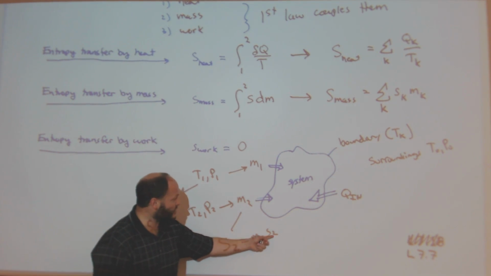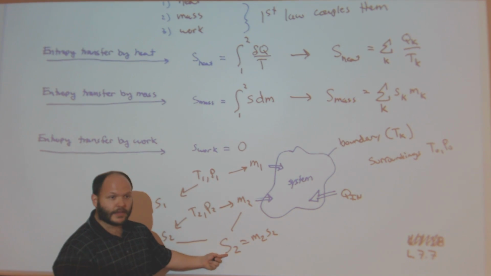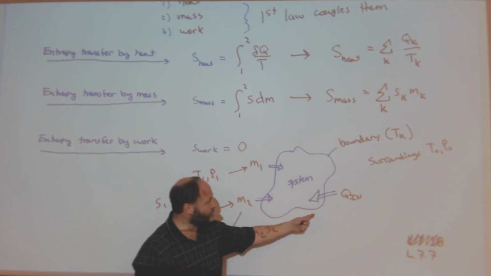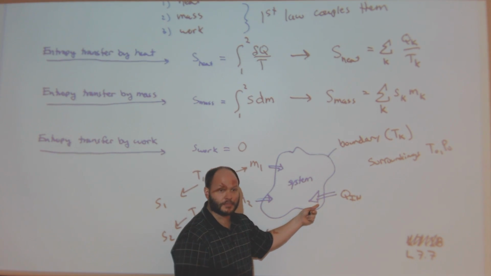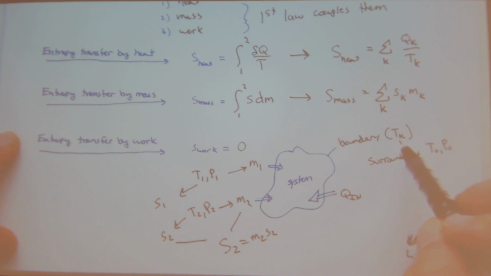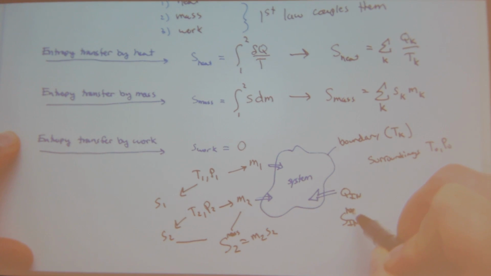Now big S2 and big S1, which I didn't write out, is entropy coming into my system by mass. I also need to know the entropy coming into my system by heat. I've already defined my boundary temperature as T sub K. So my S in by heat is equal to Qin over Tk.